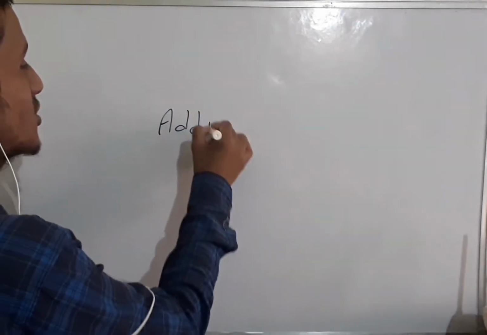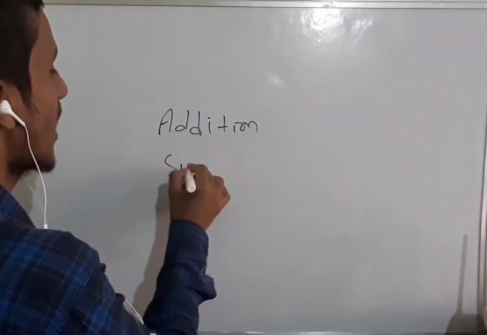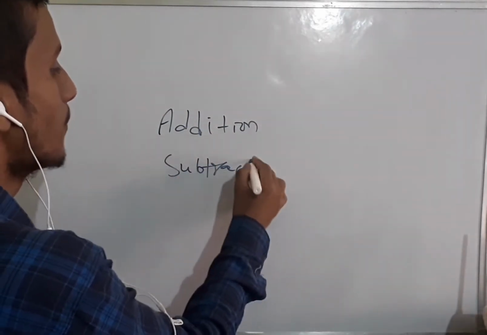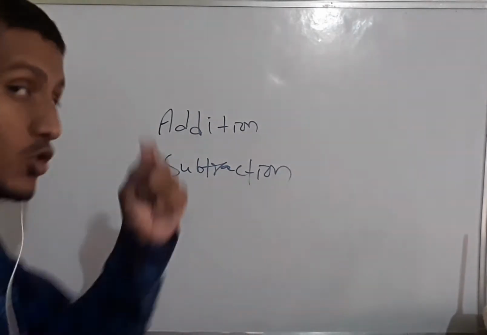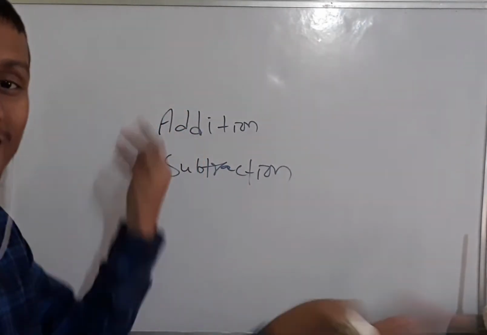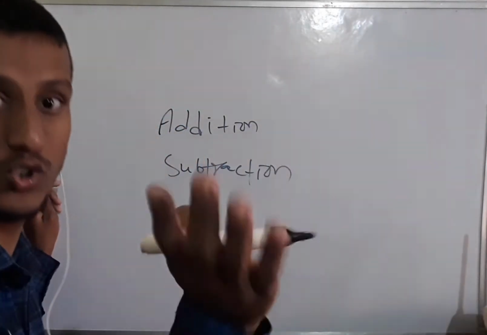We have covered types of polynomials, on the basis of the degree and also on the basis of number of terms. Today we're going to do operations, addition and subtraction, onto two polynomials, or you can have as many polynomials as you want.